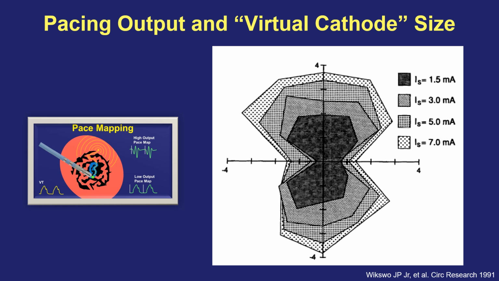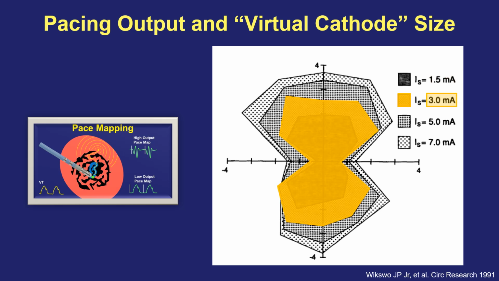I want to review more the area, the volume of myocardium that's captured at different outputs. Here is the instantly captured myocardium where they paced at 1.5 milliamps. If they turned up the energy and they paced at 3 milliamps, they would instantly capture simultaneously a larger area/volume of tissue, area on the surface, but presumably this also is deeper down as well.